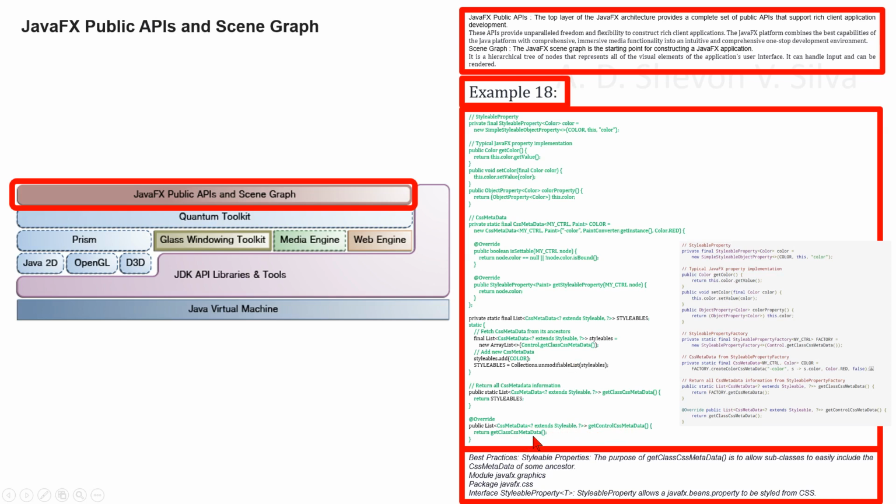The purpose of get class CSS metadata is to allow subclasses to easily include CSS metadata of some ancestor.